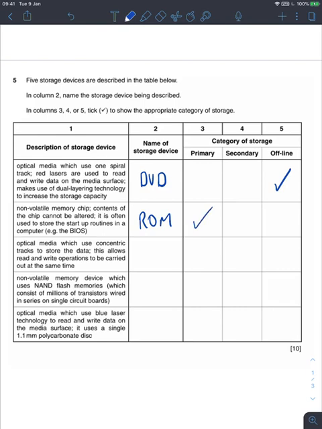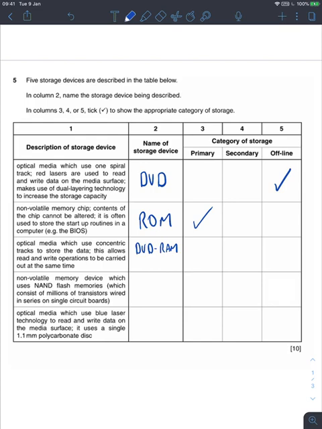Optical media, which uses concentric tracks. So that's like rings. You cut through a tree, of course, you've got rings. That's concentric, not spiral. This allows read and write operations to be carried out at the same time. So you won't see or use these very often, but this is DVD RAM discs used for video cameras.